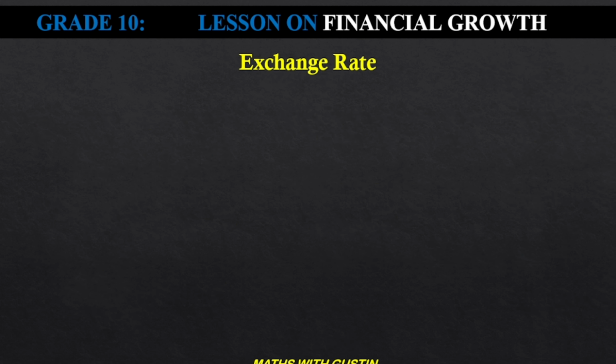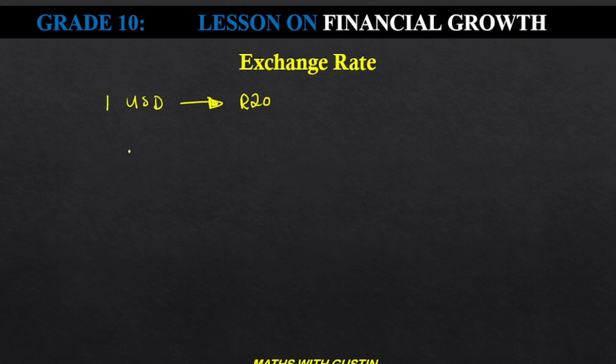Right, so the next thing here, we need to know the exchange rate. Okay, this one is very easy, straightforward. You will be given a rate at which, let's say, 1 USD, which is $1, is equal to 20 rand.